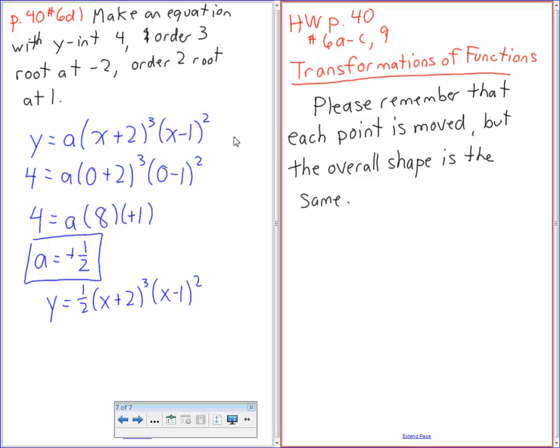Okay? If you have a parabola, which you've done lots of in grade 10 and 11, it's still going to look like a U or an upside down U no matter what sort of transformation you do to it. Okay? So the base shape. The things we're going to have to remember.